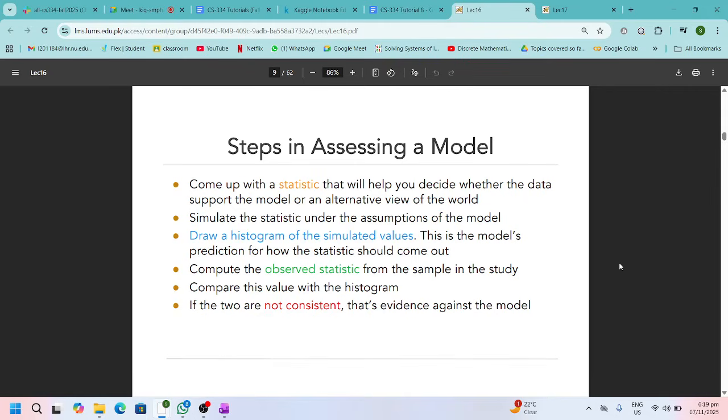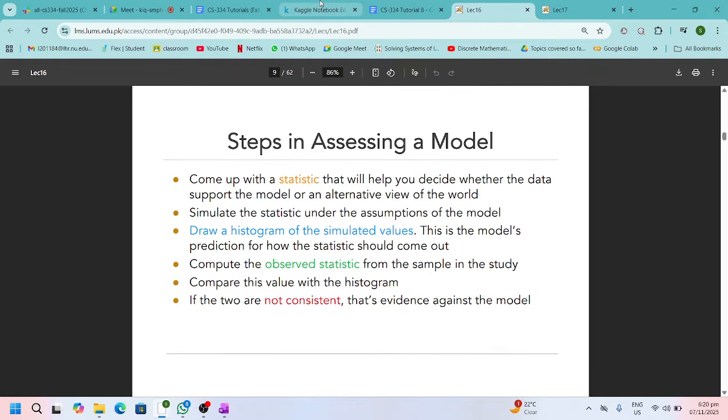Then you look at the observed statistic and see if you have enough evidence to reject the null hypothesis. If you don't have enough evidence to reject the null hypothesis, you don't accept the alternative, you simply fail to reject the null. You either have evidence against the model or you have evidence in favor of the model.